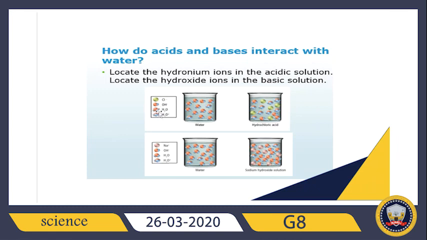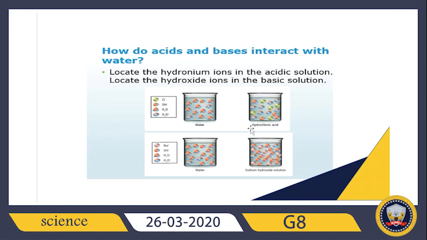And this represents the water molecule H2O, and here we have 3 hydrogen atoms with 1 oxygen atom, and this model represents the positively charged hydronium ion. So locate the hydronium ions in the acidic solution. As we said, acidic solution will increase the concentration of the hydronium ions.